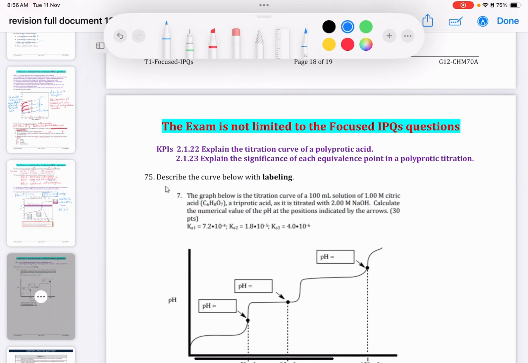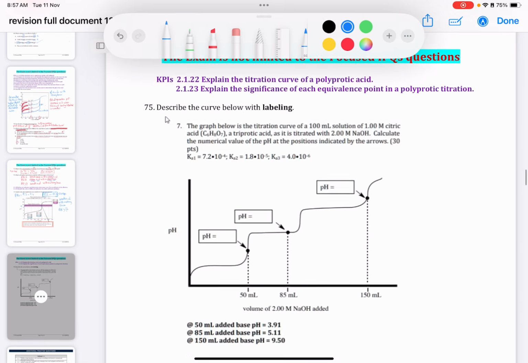And the last question in our focused questions: the graph below shows the titration curve. Okay, sorry. So this one, they're just asking us to describe this curve. As you can see here, I am looking at 3 equivalence points, so I am dealing with a triprotic acid.